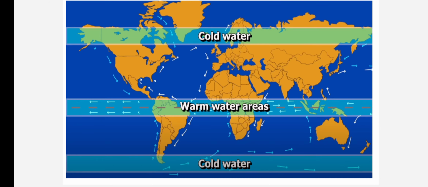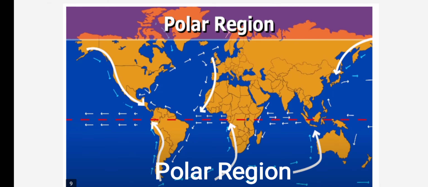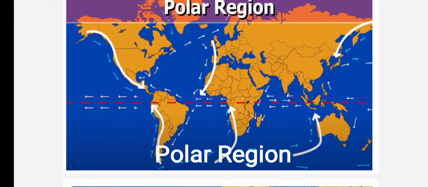Okay? Here you see the polar region. See how the cold currents are coming towards the equatorial region. Have you seen the white arrow marks, children? Yes. So this is how the cold currents move from polar regions to tropical regions.